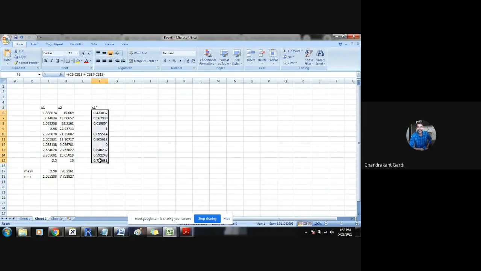This column is always going to contain at least one such value. If there are two similar values working as the minimum, say this value is 1.05 and the same value appears over here, then we will have two zeros.